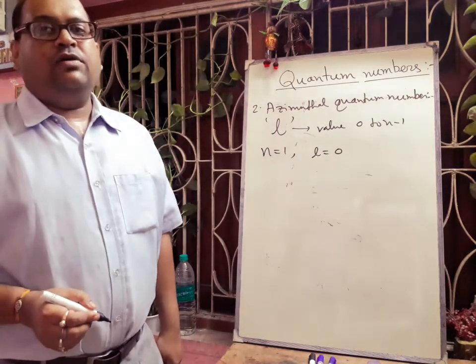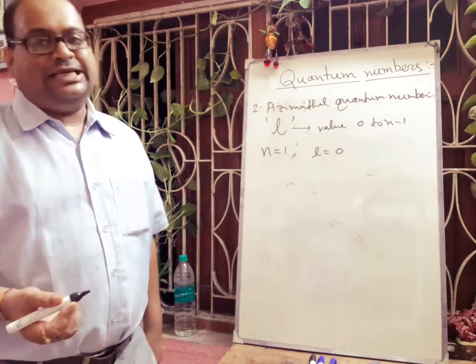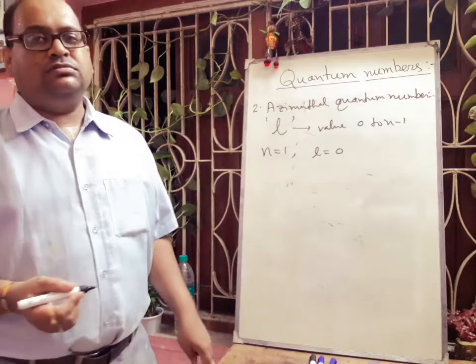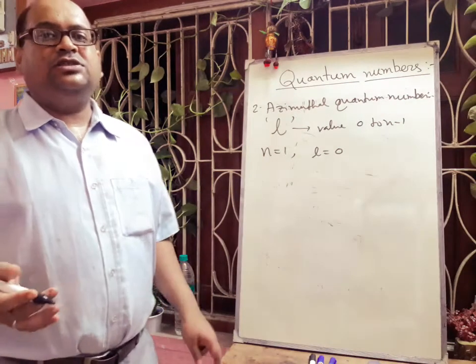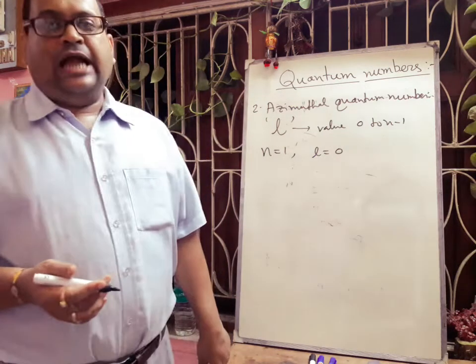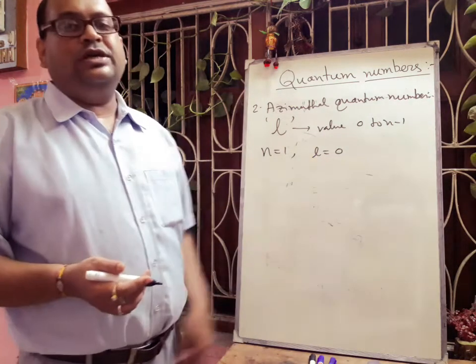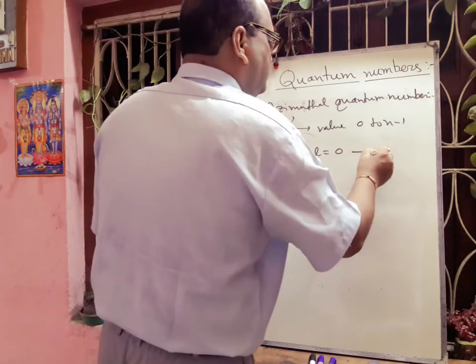Now if we take the K shell, in the K shell n is equal to 1, and its l value is 0. Therefore the K shell consists of only one subshell. And this l equal to 0 is represented by one orbital, called the s orbital.